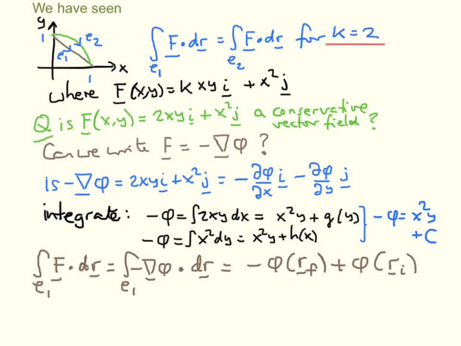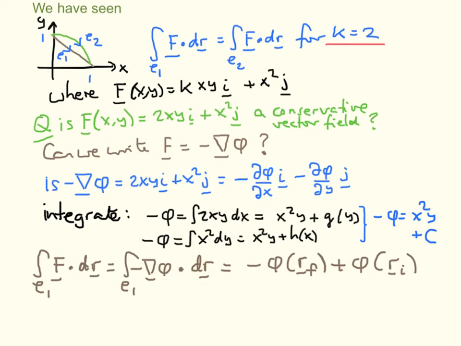So now, what is the potential? The potential is written here. There is a constant c, but that will cancel. Here you would have minus c, and here you would have plus c, so they will cancel. We don't need to worry about it.